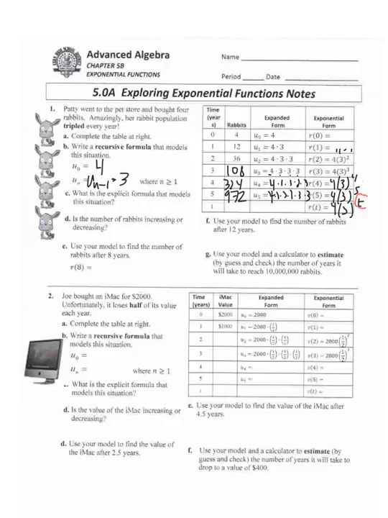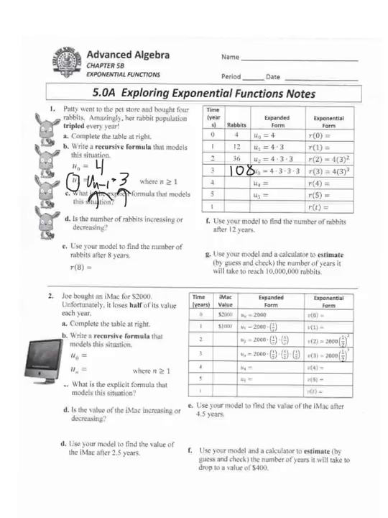What that means is u sub n is any term. So any term is equal to the term before it times 3. That's why it's n minus 1 times 3. How do we get 108?